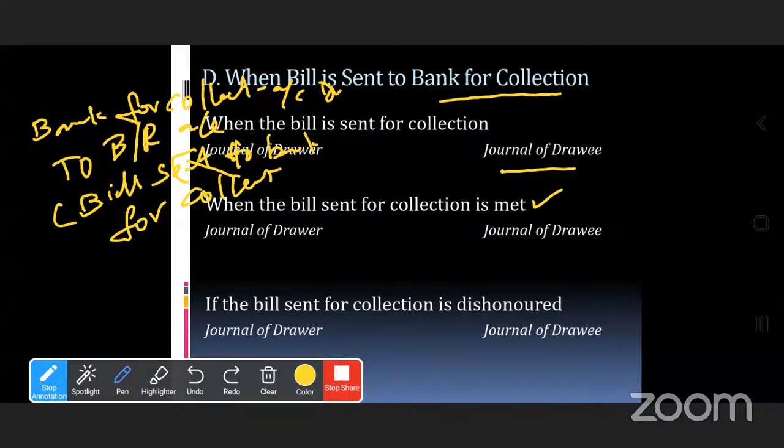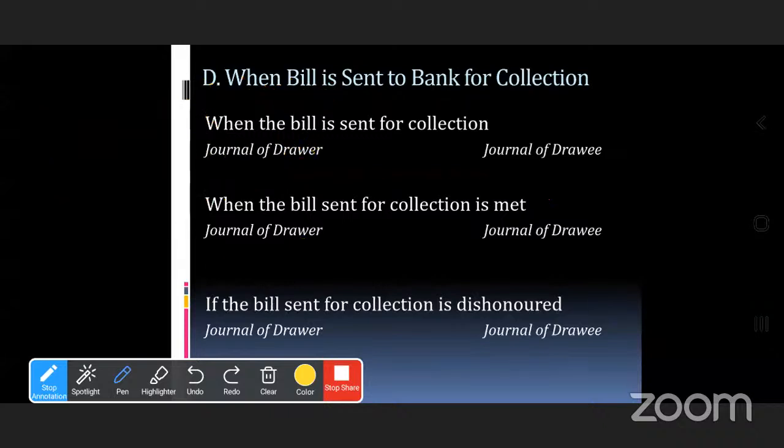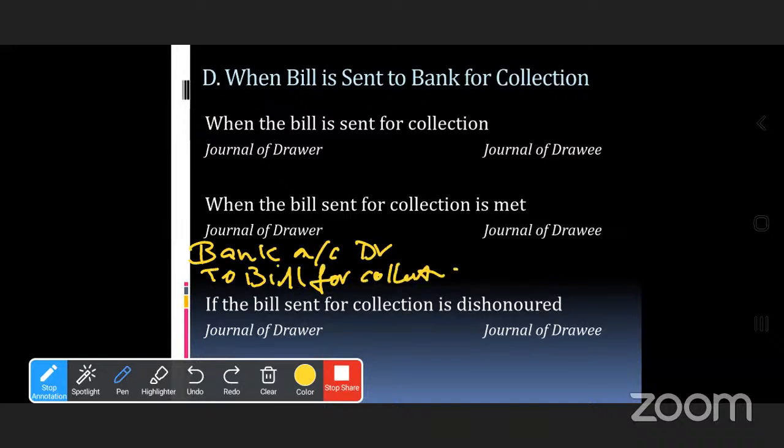Now here we will be writing journal entries in both the parties. That is, bank account debtor to bill for collection account.